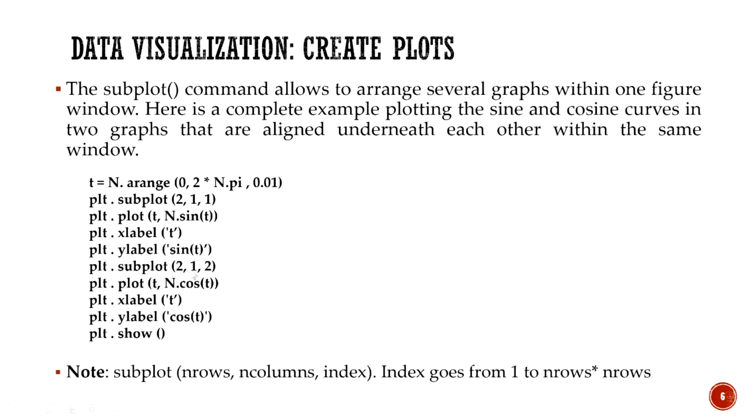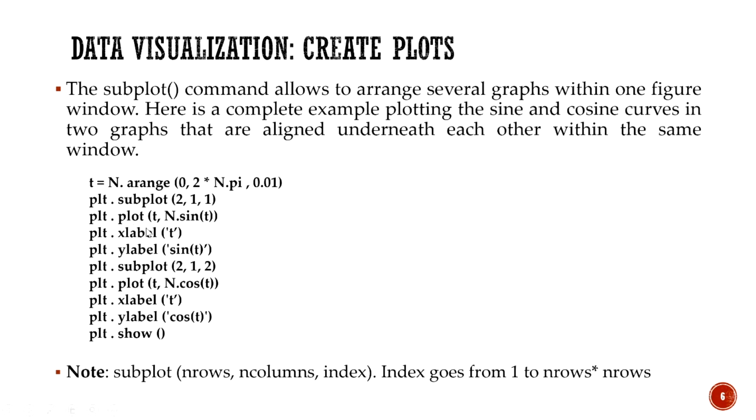So the number of rows and columns remain the same, but where you want to add this plot, position 2. After you define the position of your plot, then you can apply the plot function. So then we want to plot t against the cosine. We add y label, x label, and then show them.